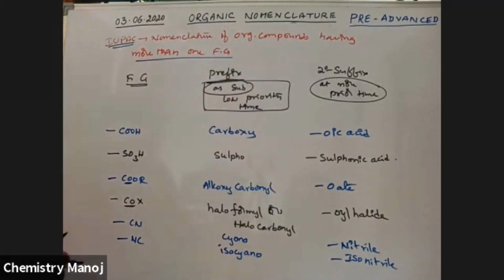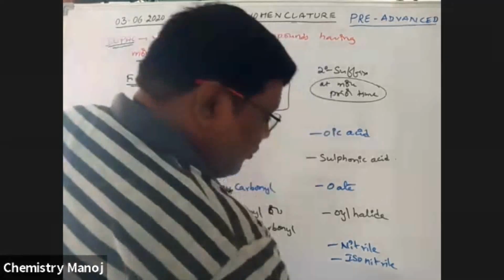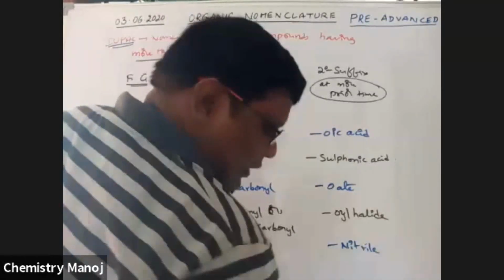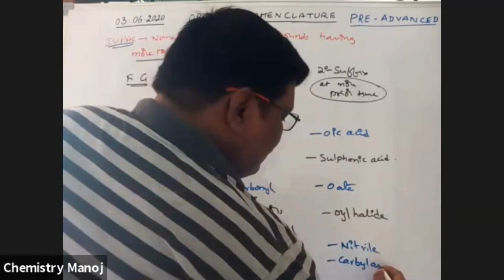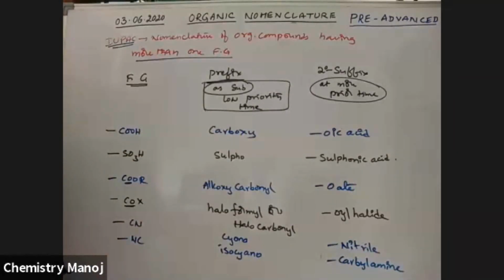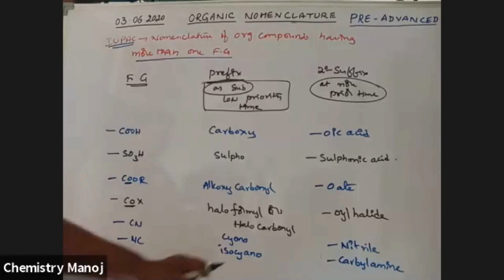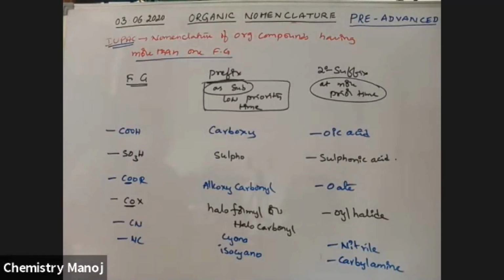Sorry, my dear boys, it is not isonitrile, it is carbylamine. Carbylamine, not isonitrile. So I think that was wrong. So that is isocyano, that is carbylamine, methane carbylamine.